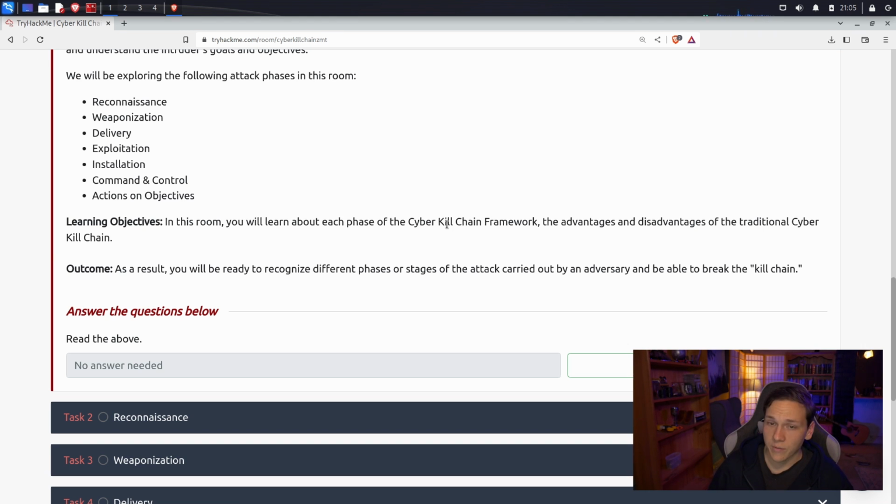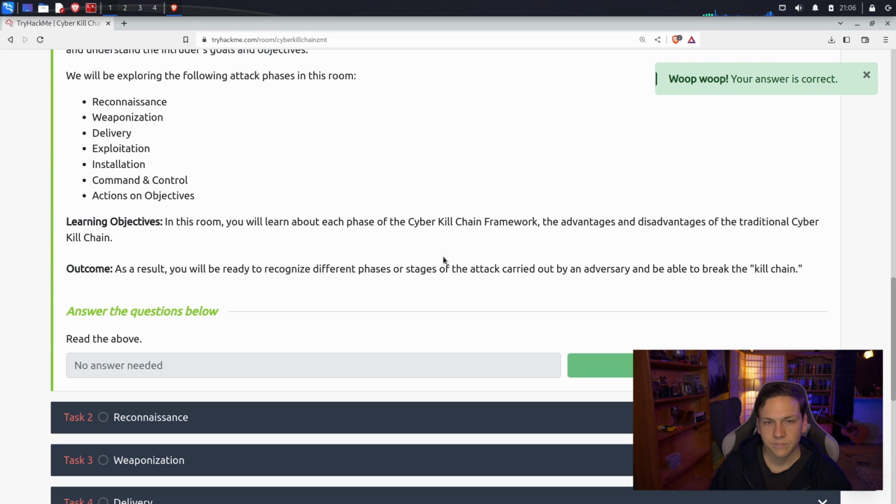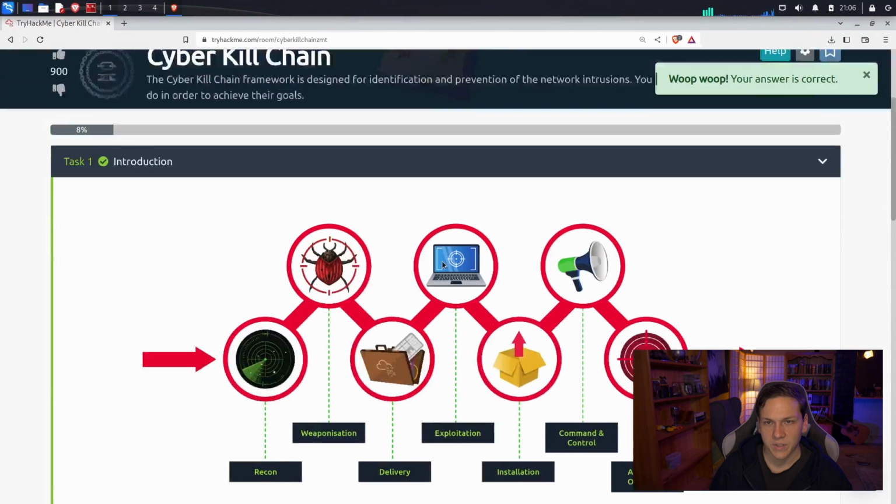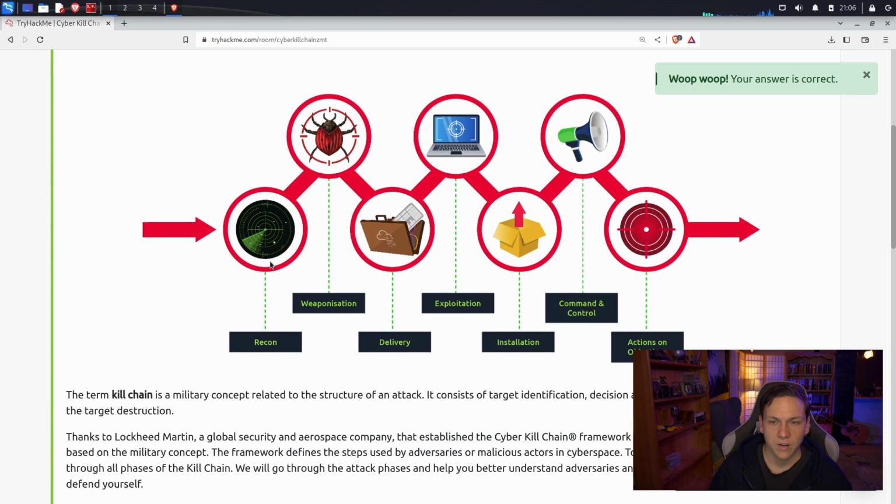As a result, you will be ready to recognize different phases or stages of the attack carried out by an adversary and be able to break the kill chain. So as we see here in the picture, we have recon, weaponization, delivery, exploitation, installation, command and control, actions on objectives, and then it goes further.